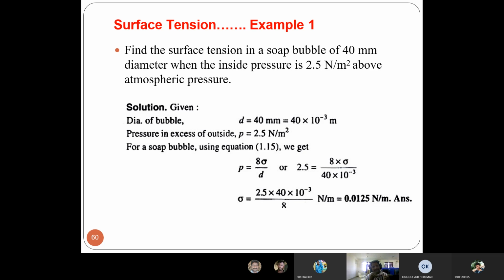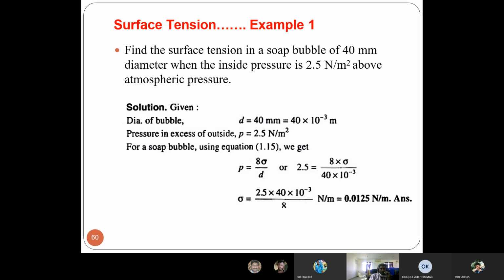Let us see one example. Problem: find the surface tension in a soap bubble of 40 mm diameter where the inside pressure is 2.5 Newton per meter square above the atmospheric pressure. What is the given data? Diameter of the bubble is 40 into 10 to the power of minus 3. Pressure in excess of outside, P, is equal to 2.5 Newton per meter square.